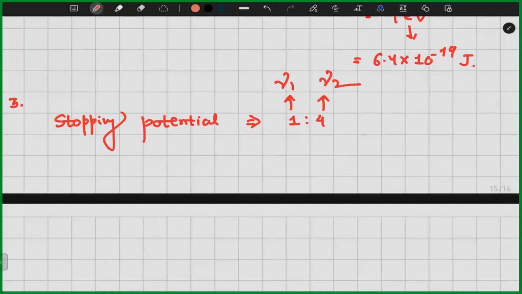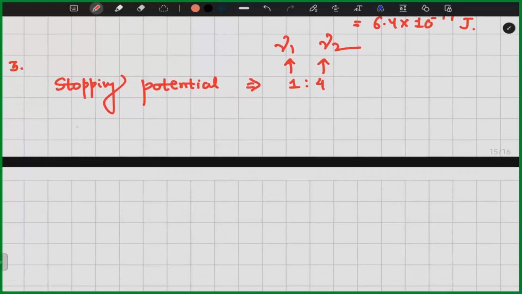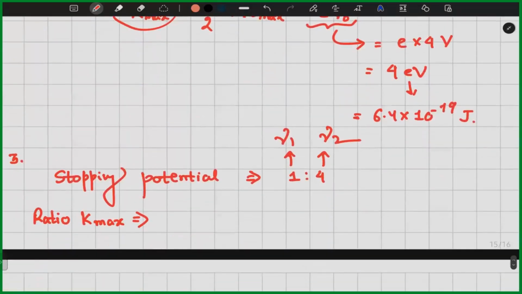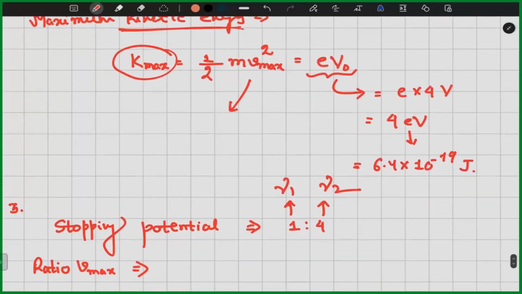The stopping potential for light of frequency nu 1 divided by the stopping potential for radiation nu 2 is 1:4. That is given. They ask for the ratio of Kmax. It's very easy. Kmax? No, not Kmax, they ask for Vmax. As we discussed before, from here we can also write that Vmax is proportional to root over V0.